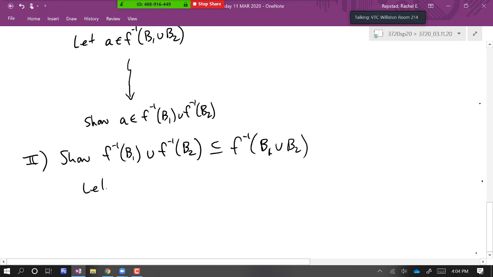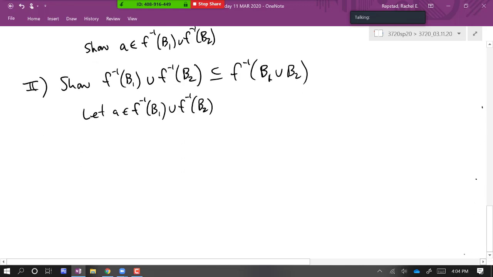We're going to let A be an element of preimage of B1 union preimage of B2. You're going to do some stuff with the function, right? If you have an element of A, really the only thing we can do to it is apply F and see where it sends us. And then you want to show that A is an element of the preimage of B1 union B2. And once you have both of those parts, you will have shown that these two sets have to be equal to each other.